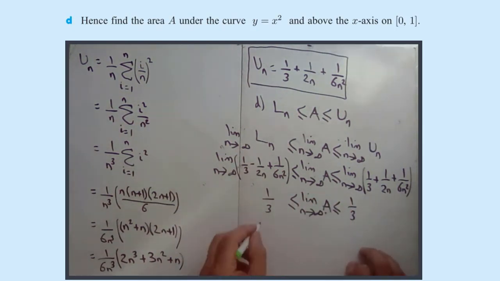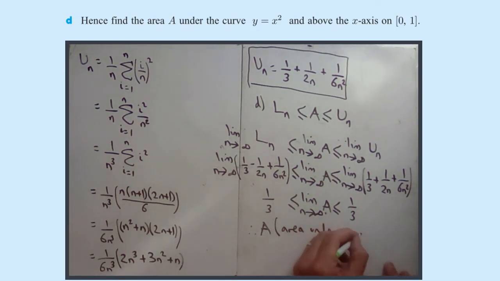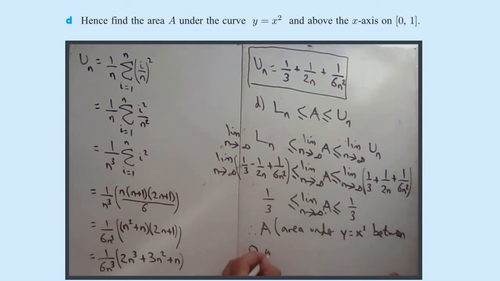Therefore, the area under the curve y equals x squared between 0 and 1, that area, the true area, equals 1/3 units squared.